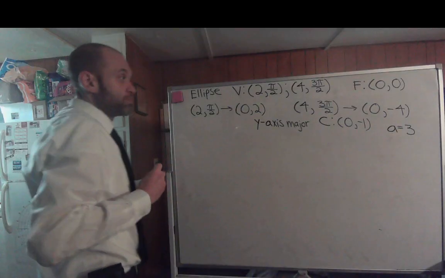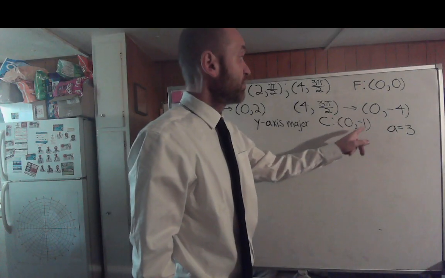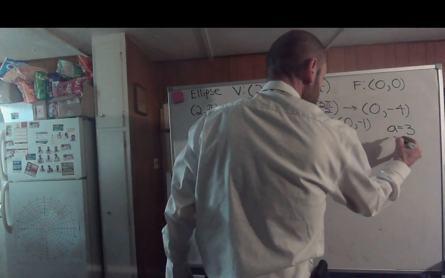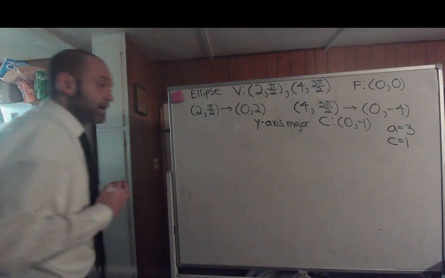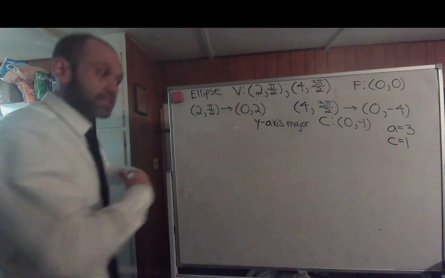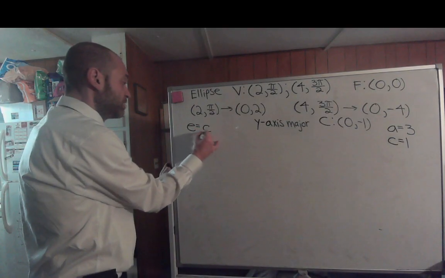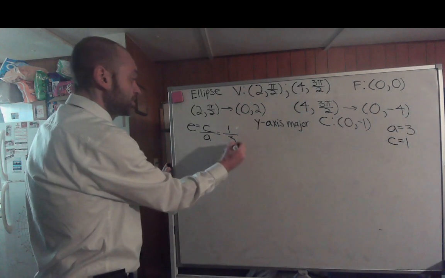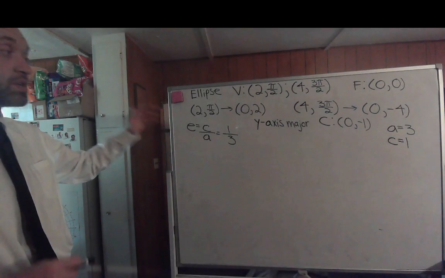And then from the center to the focus is your C. If you go from a y-coordinate of -1 to 0, that's a distance of 1. So C equals 1. Now, we have C, we have A, we can find our eccentricity. Eccentricity, again, is always C over A. Well, C is 1, A is 3. So you have an eccentricity of 1/3 for this particular ellipse.